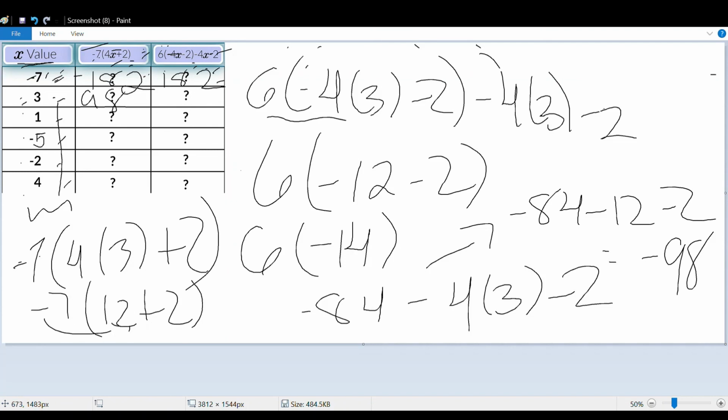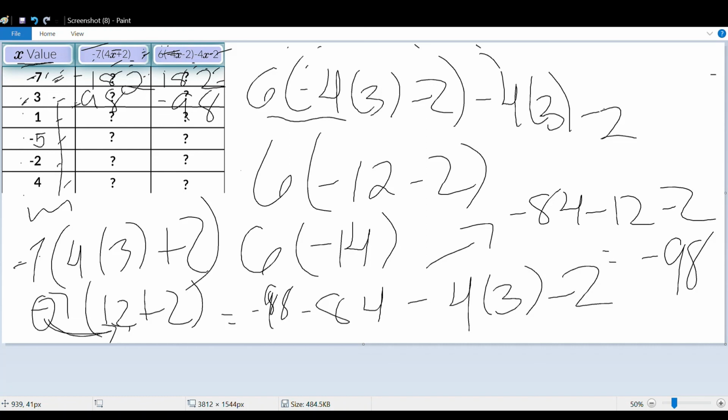That gives us negative 98. So we forgot to distribute this negative as well. That's a -98, and that's also a -98. So, as we know now, putting 3 into both of these equations gives us -98.